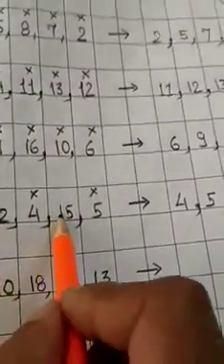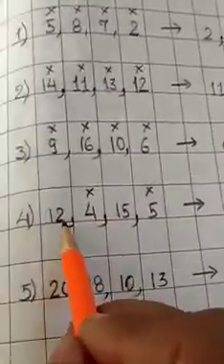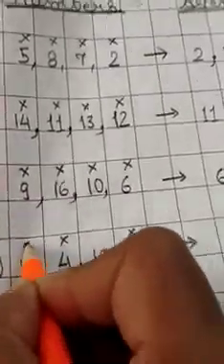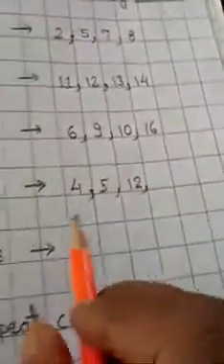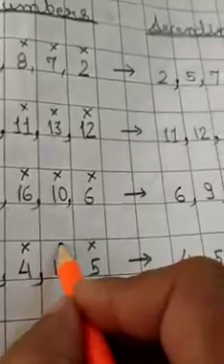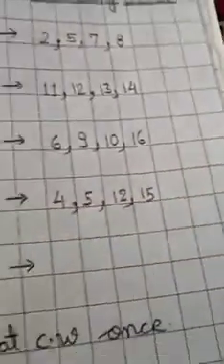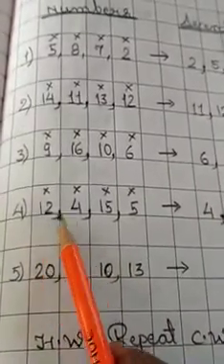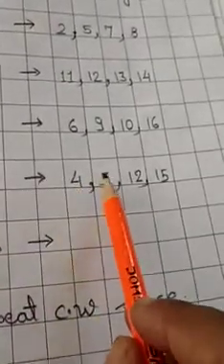Now between 12 and 15, which one is smallest? 12. So cross this and write 12 here. Put a comma. And the last one is 15. Cross this and write 15 here. So your ascending order of 12, 4, 15 and 5 is 4, 5, 12 and 15.